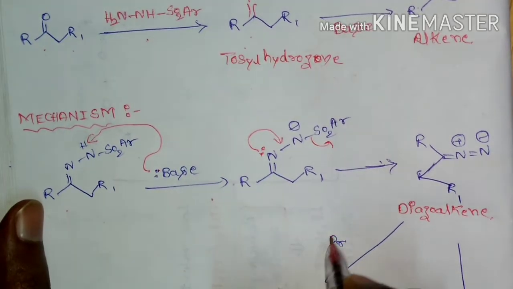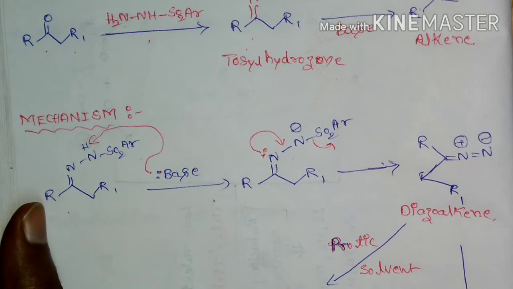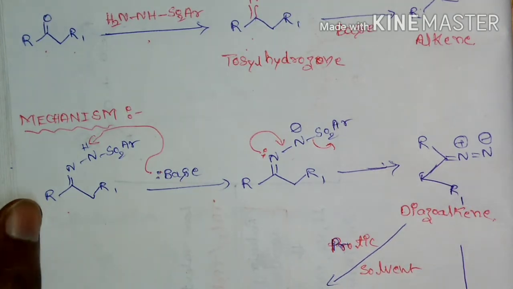If you use a protic solvent, then this diazoalkene is going to form a carbocation intermediate.